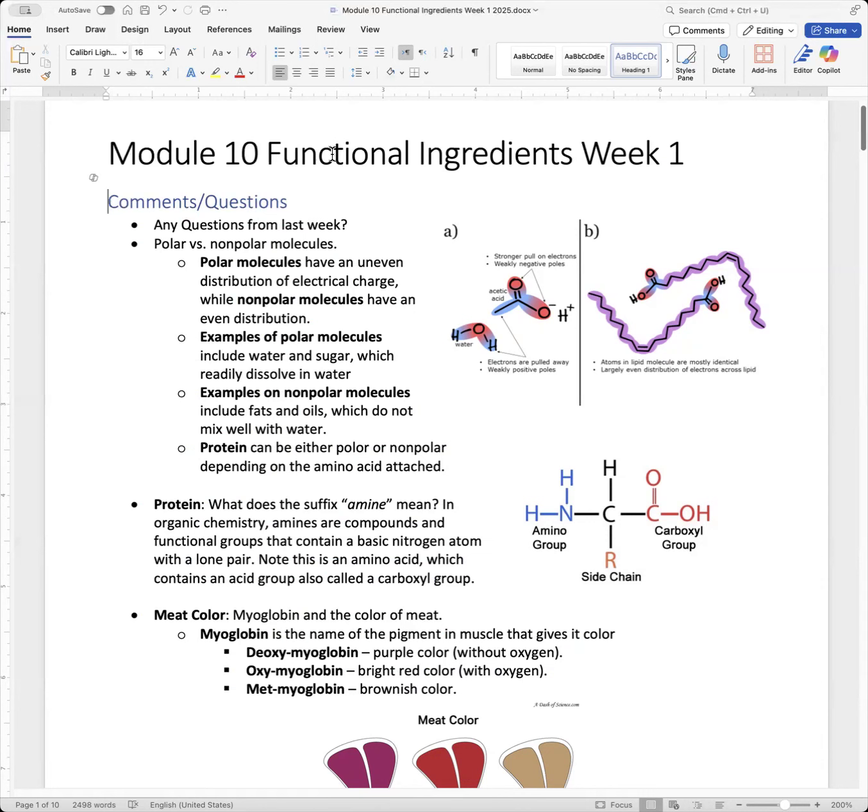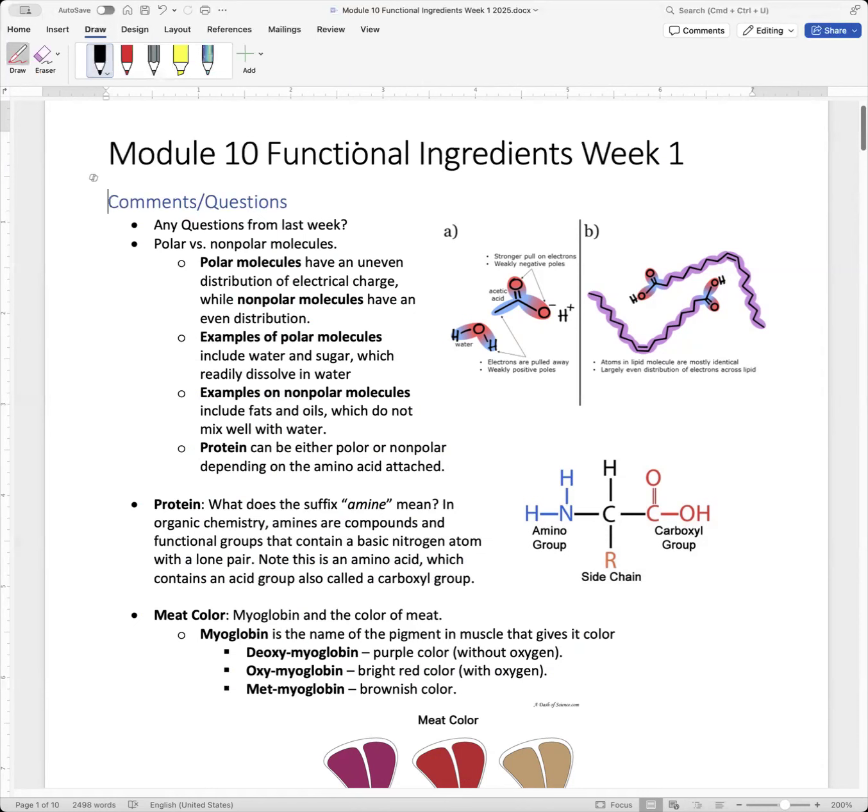We can look at water right here. This molecule is water, H2O.